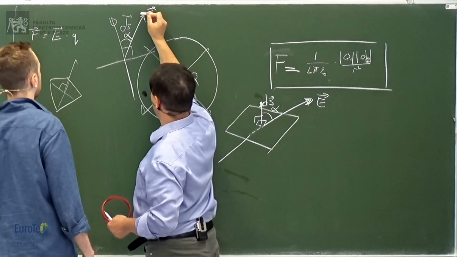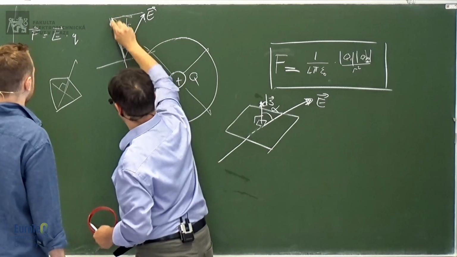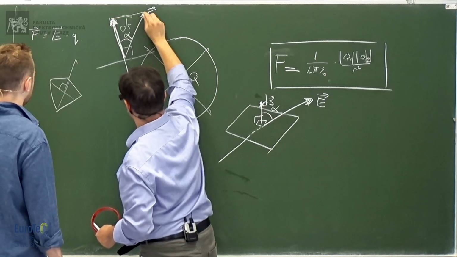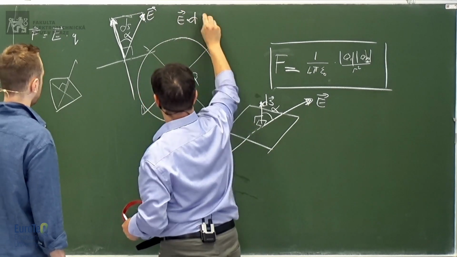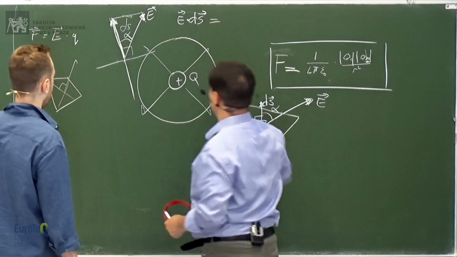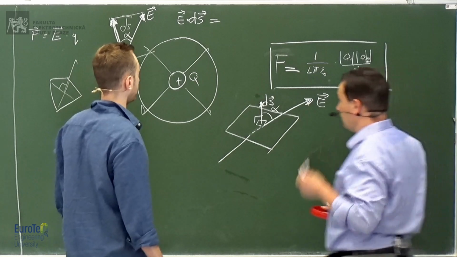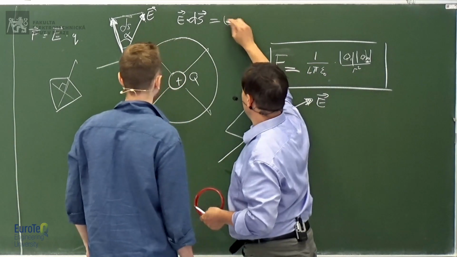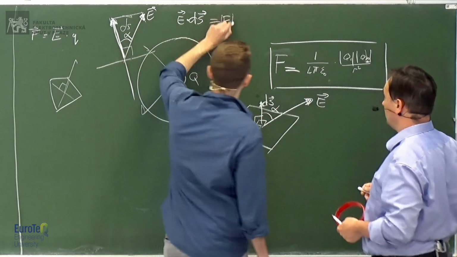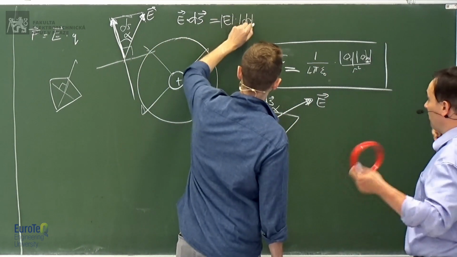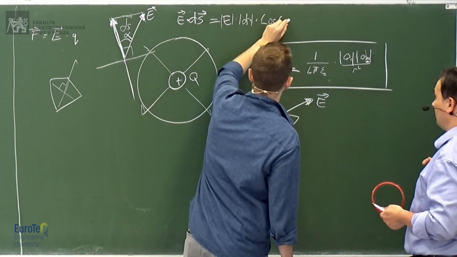So what you do is take the dot product, E dot ds, which is the magnitude of E times the magnitude of ds, which is 1, times cosine alpha.